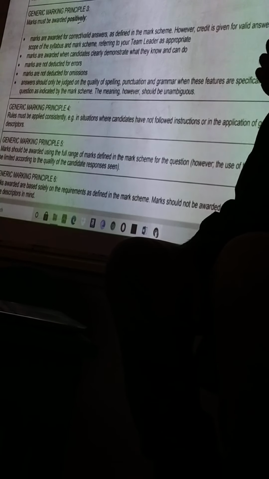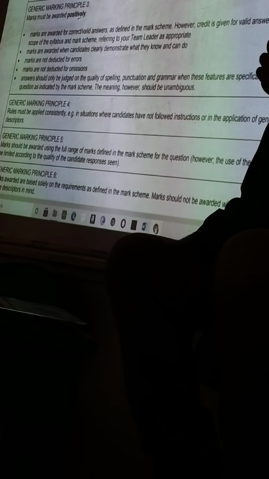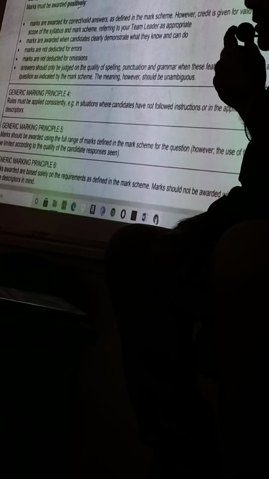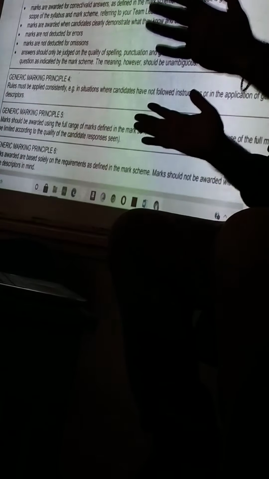The things which are irrelevant, they will not bother to cancel, but they will not give a mark on that. But they will not do a -1 on that. They will just see a page is written, and out of this page, this student has given me 4 valid points. So 4 ticks, and 4 ticks means 4 marks.